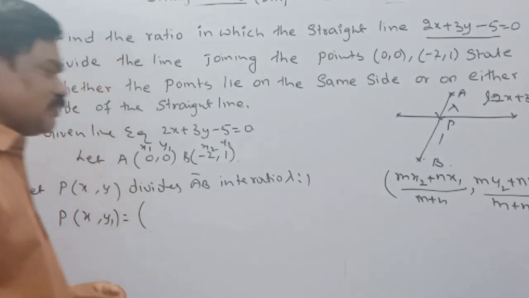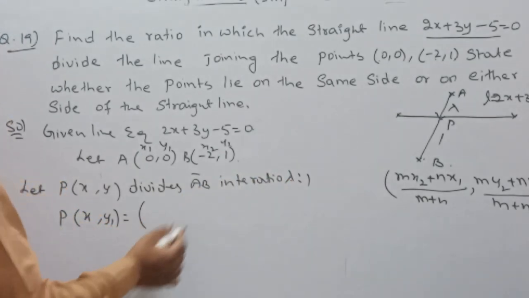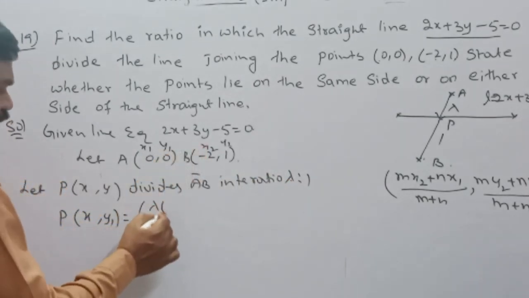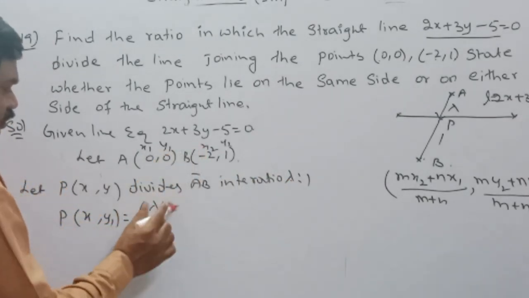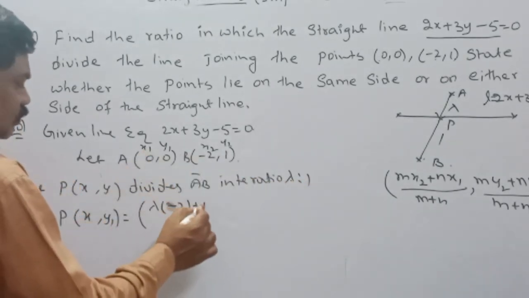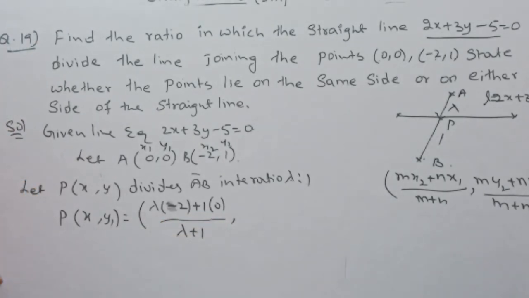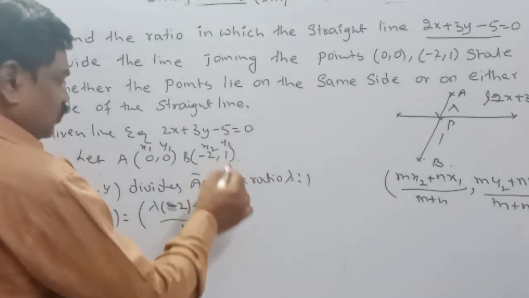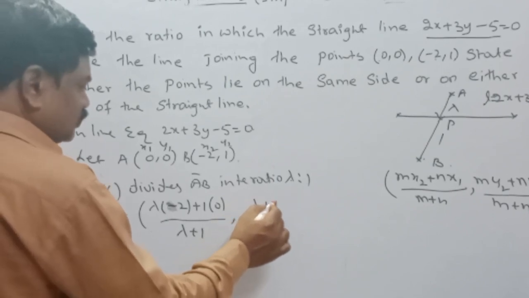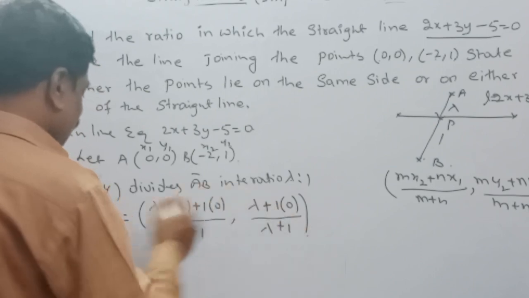By using the section formula, you have to find the coordinates of P, that is, lambda into x2 plus 1 into x1, that is, lambda into minus 2 plus 1 into 0 by lambda plus 1. Then lambda into y2 plus 1 into 0 by lambda plus 1.